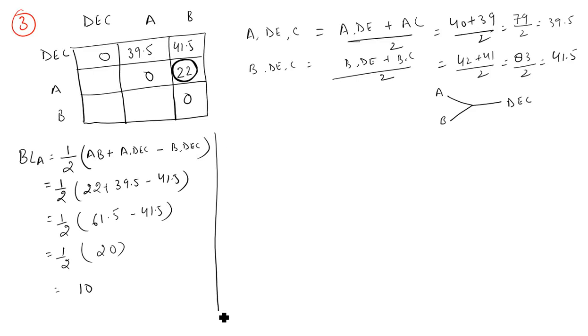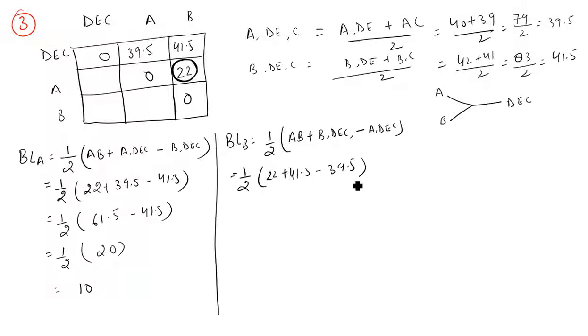Now let's calculate for B. So branch length of B equals 1 by 2 AB plus B comma DEC minus A comma DEC. So it will become 1 by 2, 22 plus 41.5 minus 39.5.